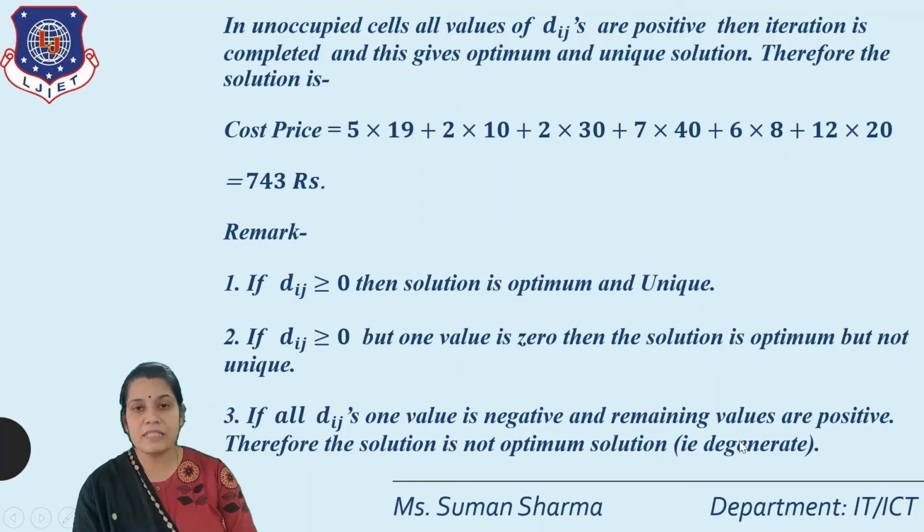That means this is the degenerate solution. Okay, that means again we find the occupied cells. After that we find the unoccupied cells. We make a loop and change the allocation cell. Okay, so this is an example of the modified distribution method for finding the optimum solution.